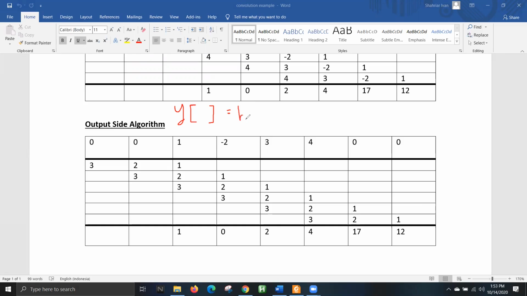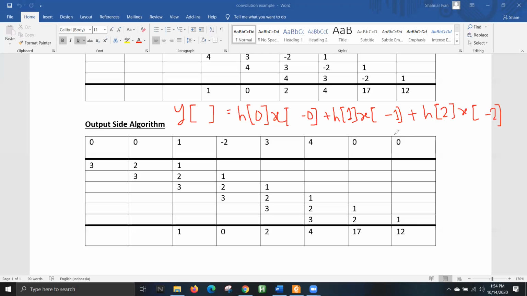So the h values that you will need are h0, then multiplied with the corresponding x minus something, x minus 0, then plus h1 times x something minus 1, then plus h2 times x something minus 2.